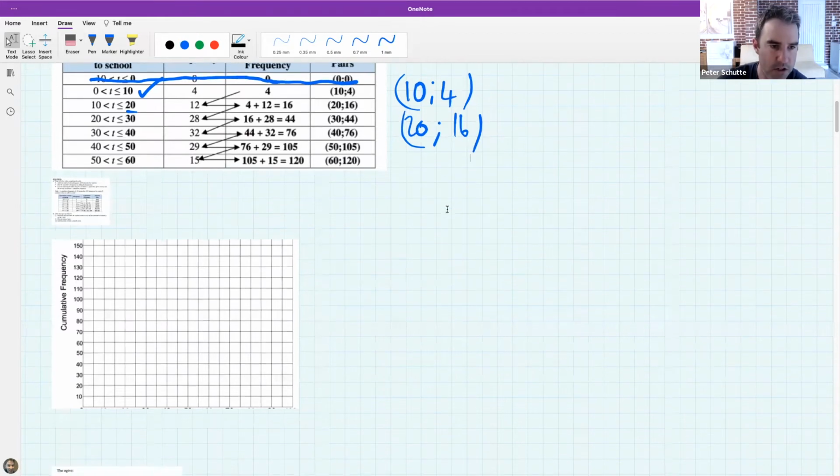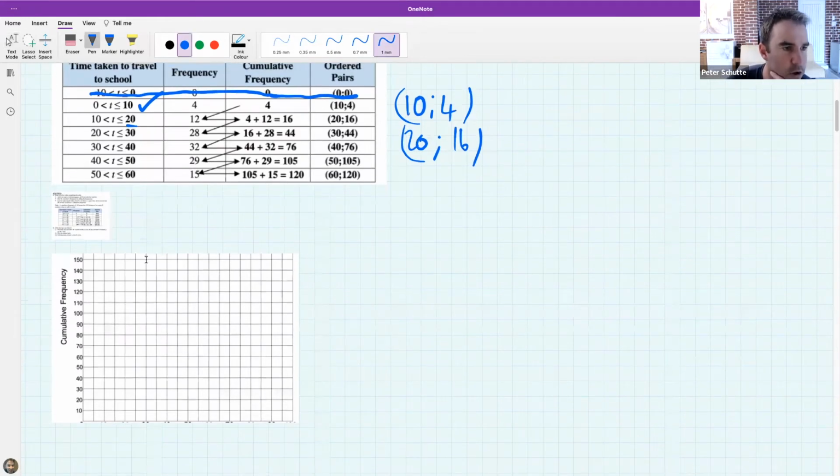To draw this graph, if you look at how it's going up, I'm going to start with 0, 10, 20, 30, 40, 50, 60. How high does it get? That's about as high as it gets.